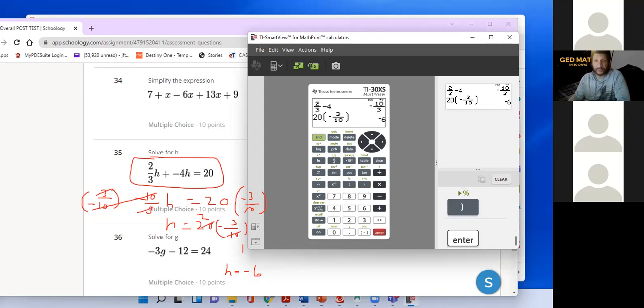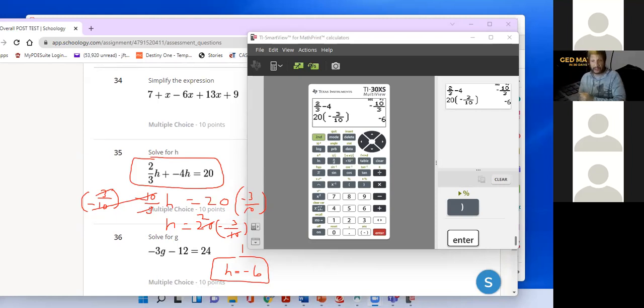This calculator is your friend. That's why in the beginning of this book, I show you how to manipulate fractions. Because the only part of this test that you can't use your calculator for are the first 5. After that, you can use your calculator for any part of this exam.